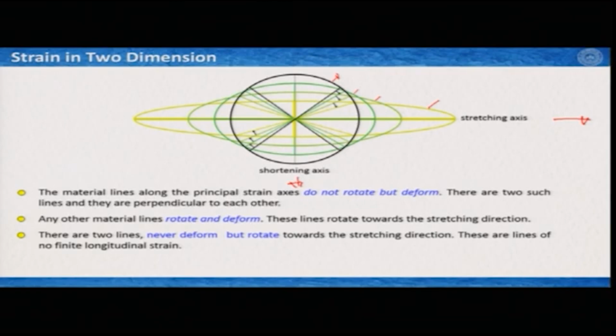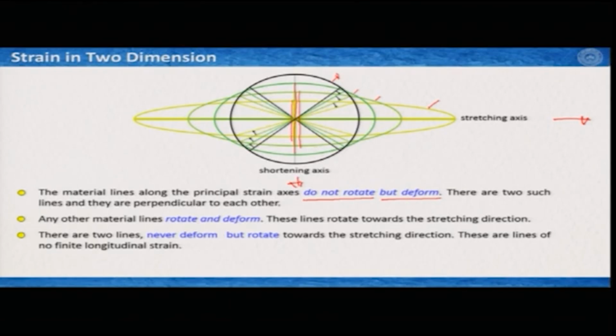Now, what we see here is that there are three different kinds of material lines possible in this description of these strain ellipses. Now, certainly you have learnt about the principal axes of stress. So, the material lines along the principal strain axis do not rotate but deform. For example, this line now deformed to this, then in the next it deformed to this, and in the third it deforms to this length.